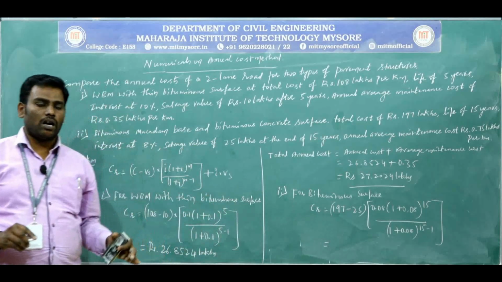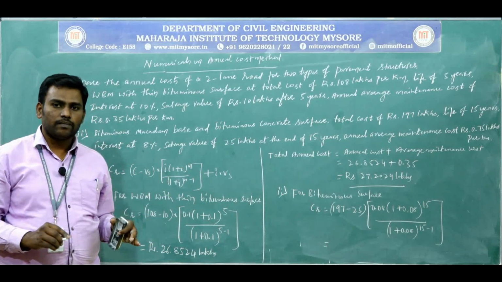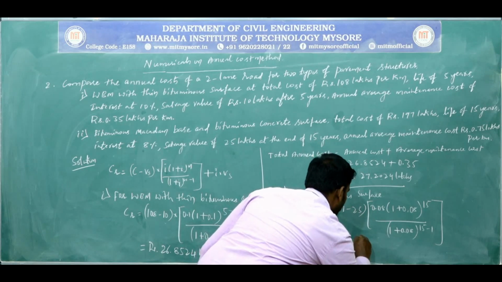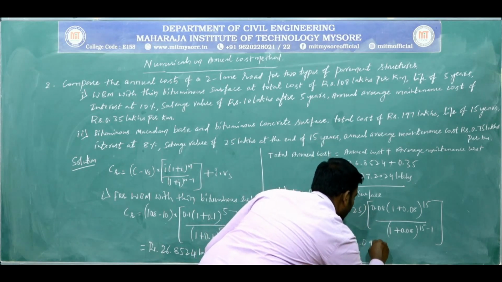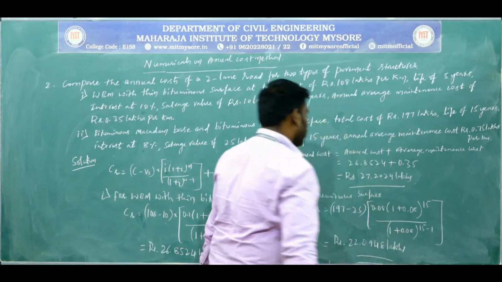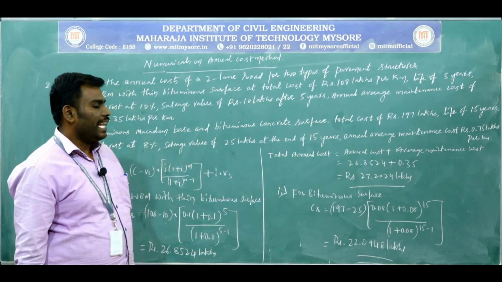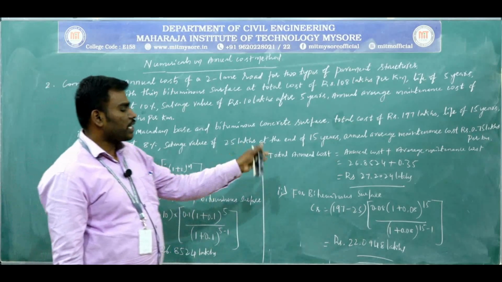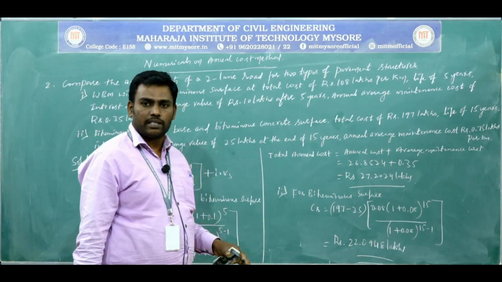How much do you get as annual cost of the bituminous surface? It is rupees 22.0948 lakhs. Then what is the total annual cost for the bituminous surface?